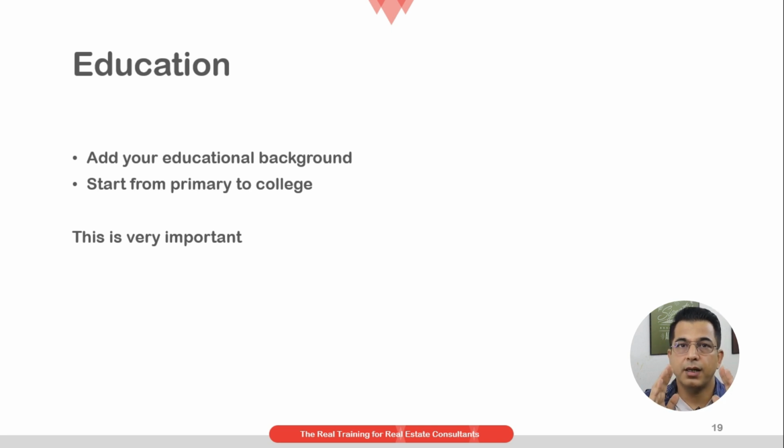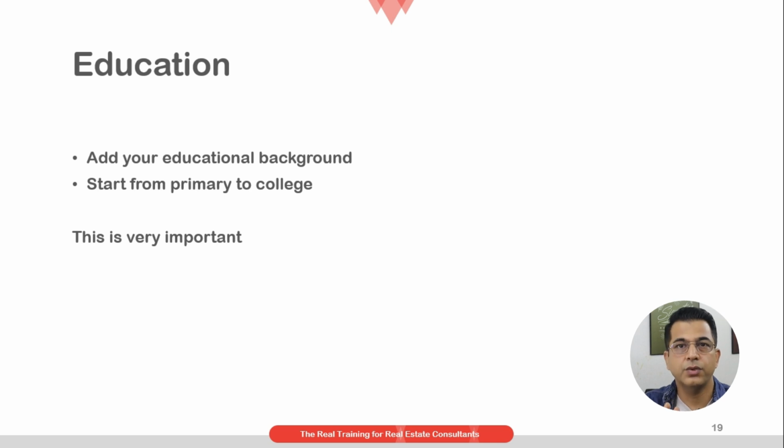This is very, very important on LinkedIn, because LinkedIn will recommend you and recommend others about your school, your college, your primary school, your educational background. See, LinkedIn appreciates you getting connected to your schoolmates and college mates. So having the right information about your educational background will help you with beautiful recommendations.